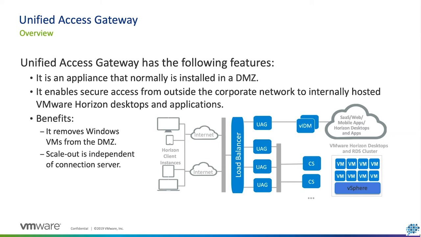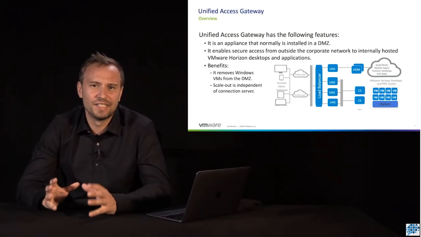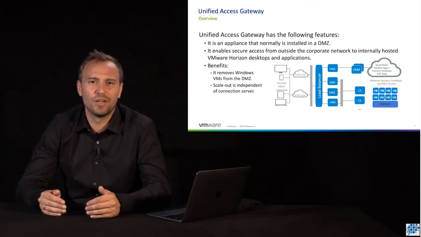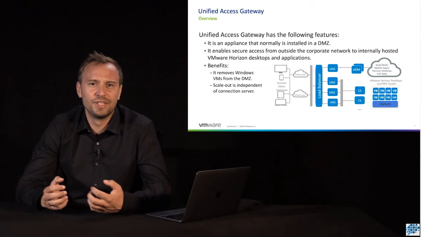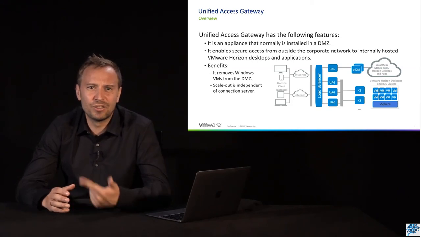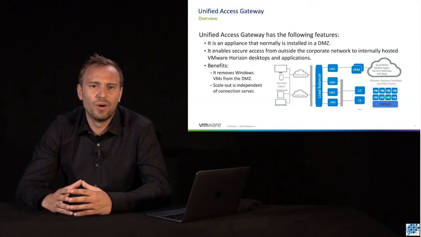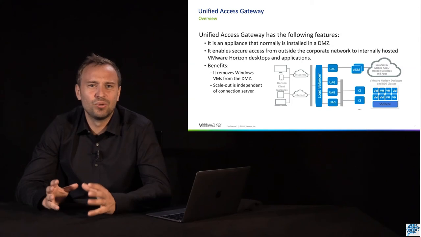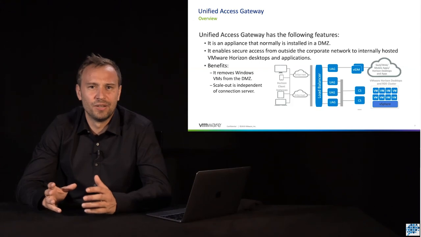From a physical point of view, we need to figure out how the DMZ is structured. How many networks do we have in the DMZ? How are the backend and front-end firewalls? What physical characteristics do we have there? Do we use a single NIC, dual NIC, or 3 NICs for our UAG appliance? Importantly, we can align to all kinds of network characteristics to deploy our UAG within the DMZ.